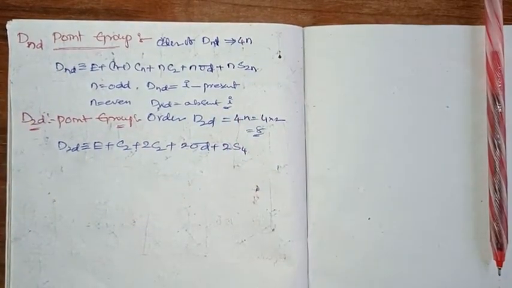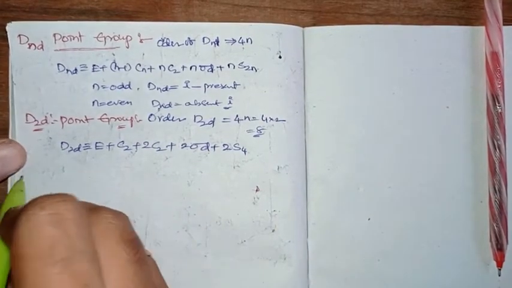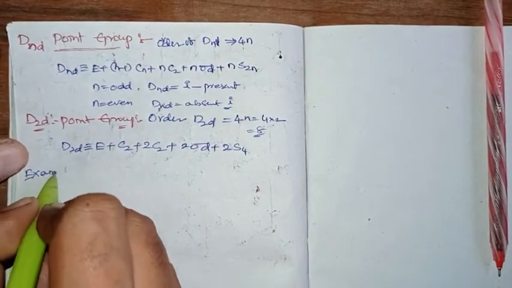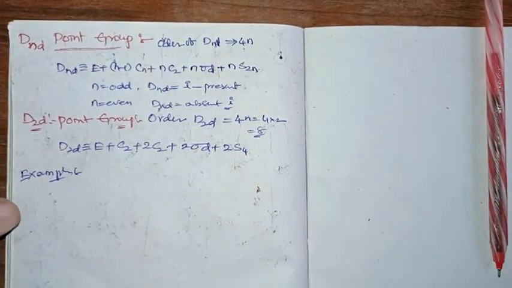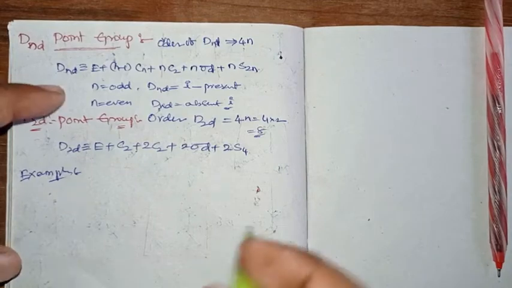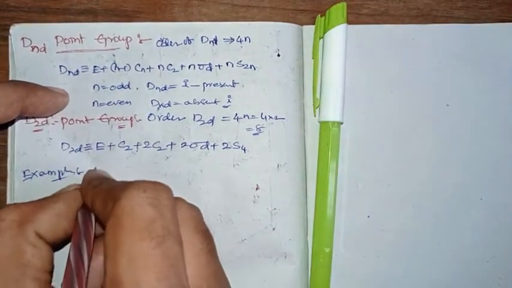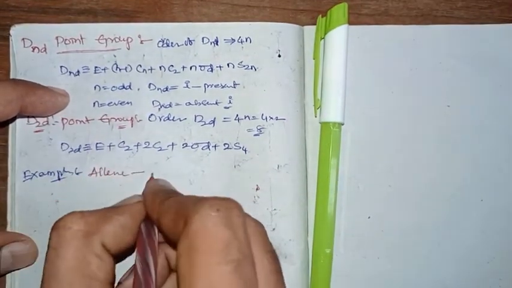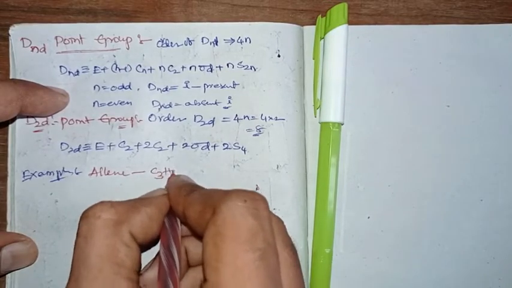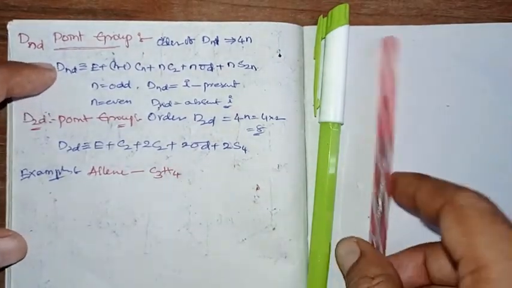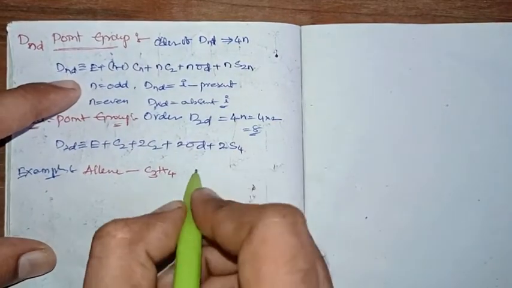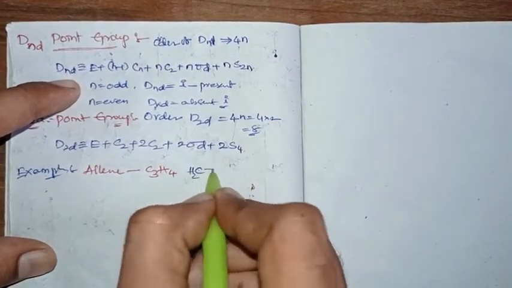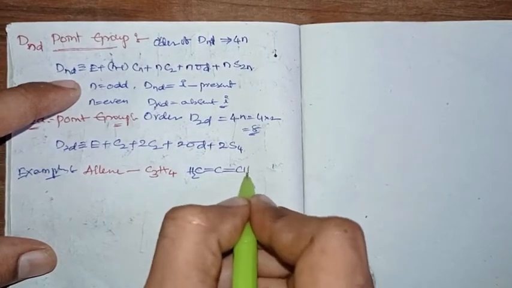So when we go with the example, the best example to examine the D2d point group is the allene molecule, C3H4, CH2 double bond C double bond CH2.